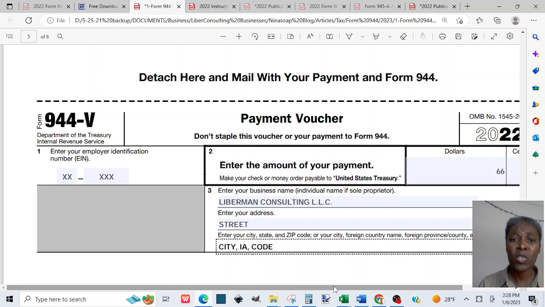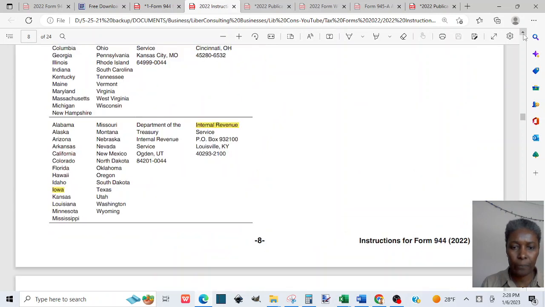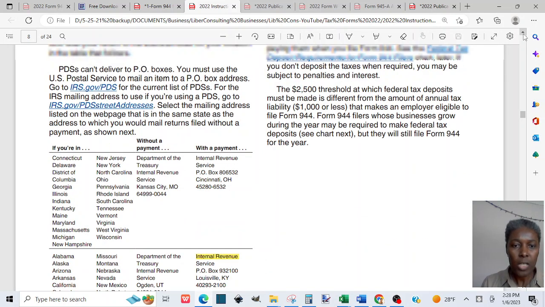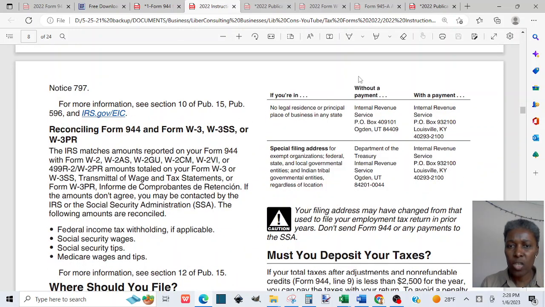But now that we have everything together, where do you mail IRS Form 944 with payment? So let's go to the instructions, and it should be page 8. So I think they should have a little bit here as well.